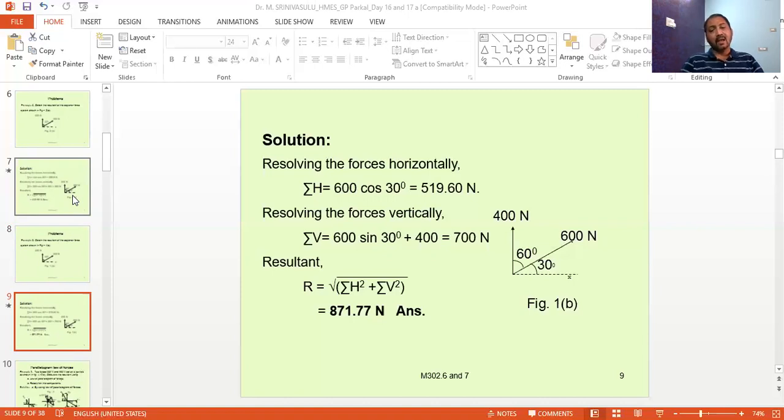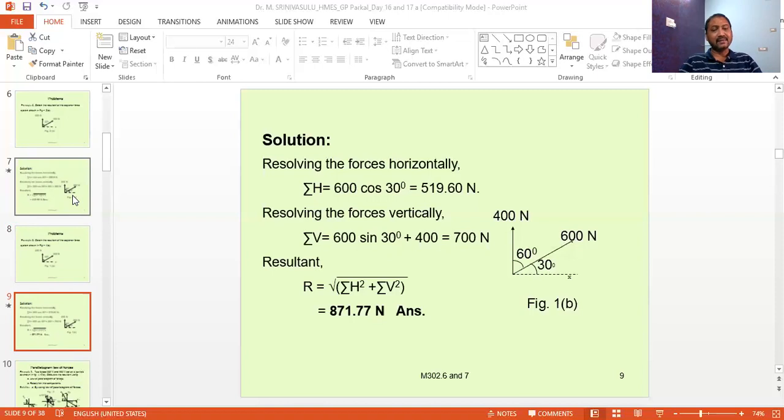The vertical component of the vertical force is nothing but the force itself, so we simply add that force, plus 400. So this becomes 600 into 0.5 plus 400, which is equal to 300 plus 400, that is equal to 700 newtons.